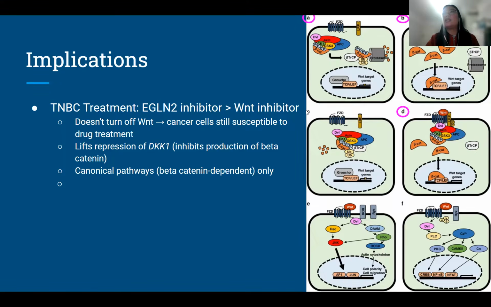C also contains beta catenin in the diagram, but E and F are the non-canonical pathways. Honestly, if you use EGLN2 inhibitors to treat ENF, there wouldn't be much result. So for ENF patients, they might have to stick to chemotherapy, right?